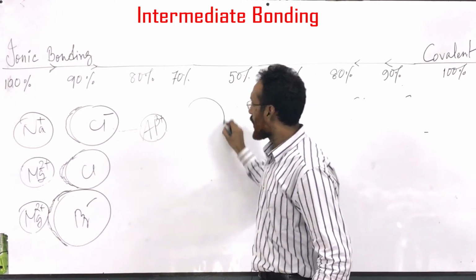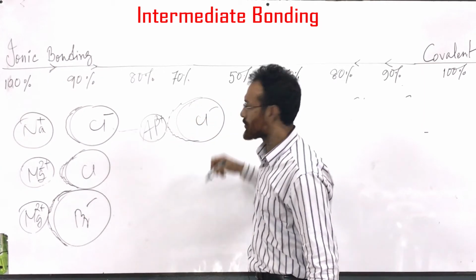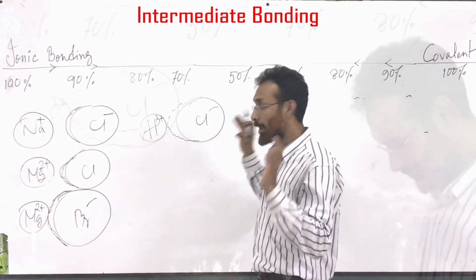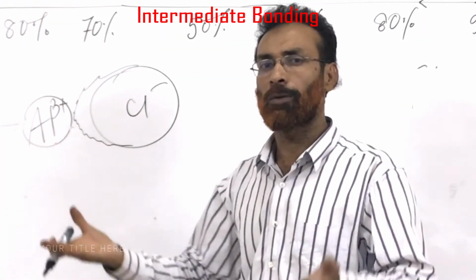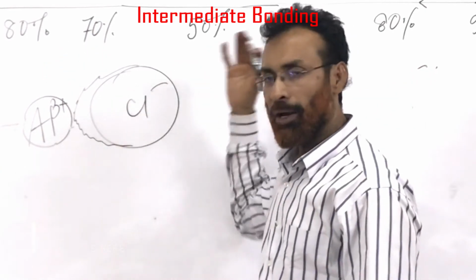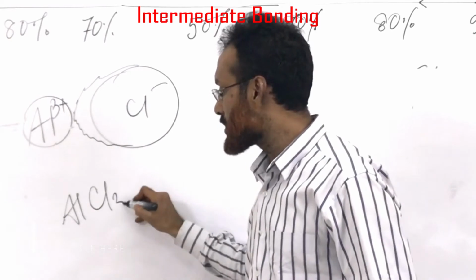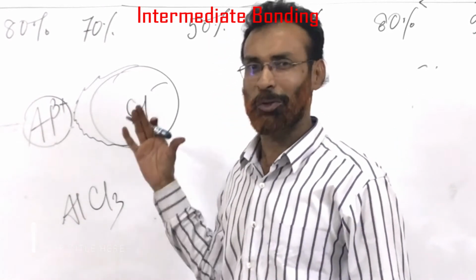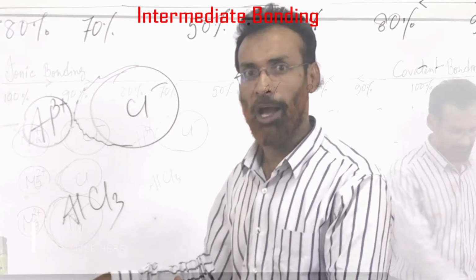If you give here the chloride ion, the distortion will be huge, which means the electron density between these two particles rises up, which causes greater covalency. And eventually we say aluminum chloride is a molecule, which means this is not an ionic compound, this is a covalent compound, because this has greater covalency than ionic.